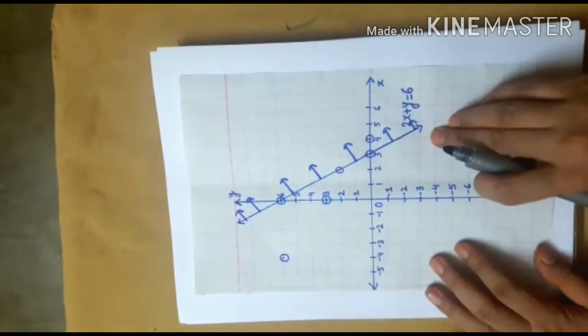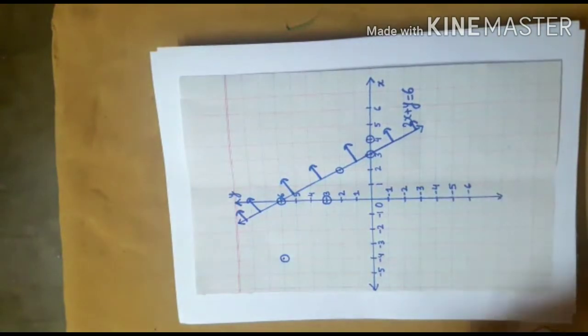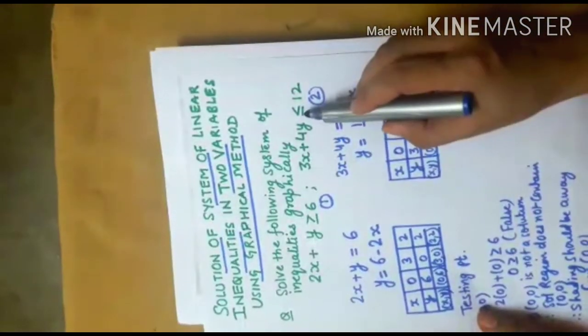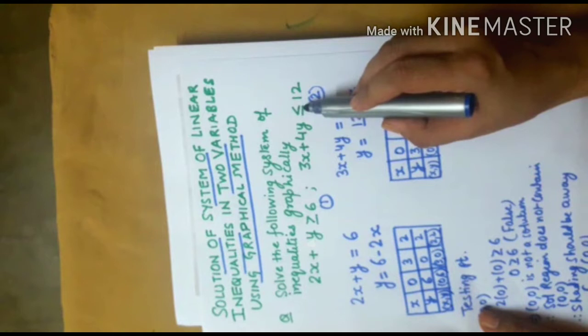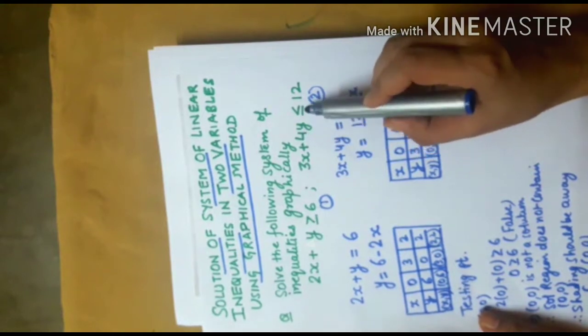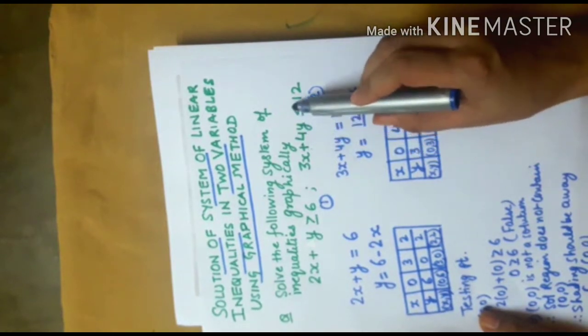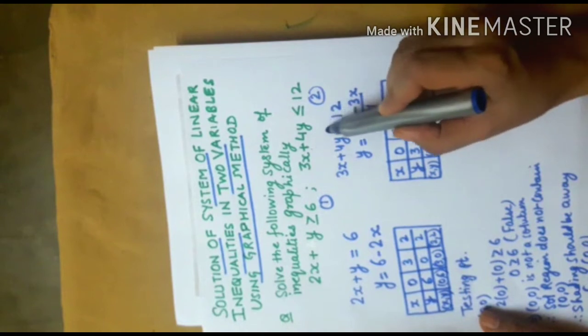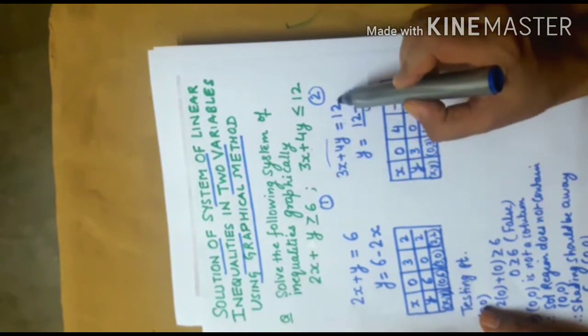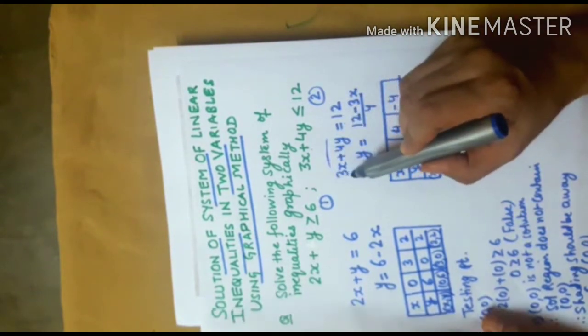Now I will join these points, and again please note down the inequality is not strict. So 3x plus 4y is less than or equal to 12. So points which lie on this line will be a part of the solution region.